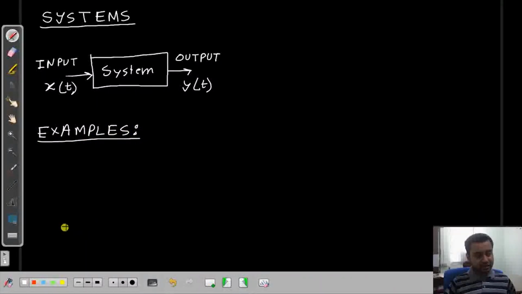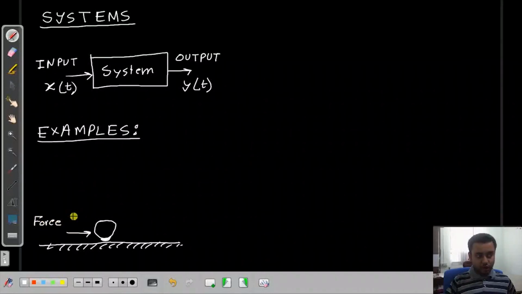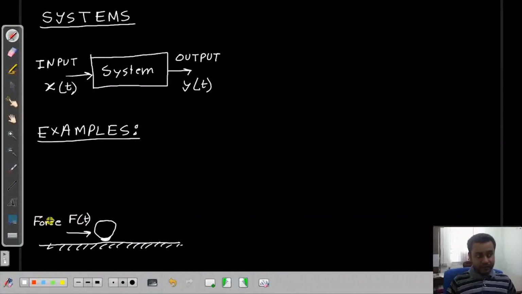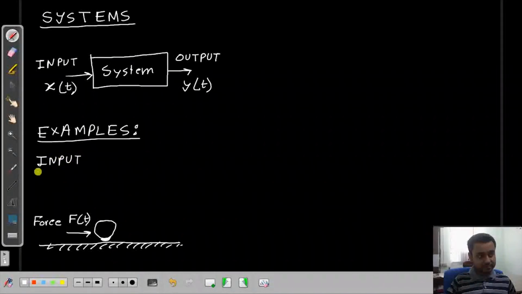First, let us consider any object kept on the floor, and this object is my system. You can apply a force on this object, call it f of t, that can vary with time, and this is the input to my system.